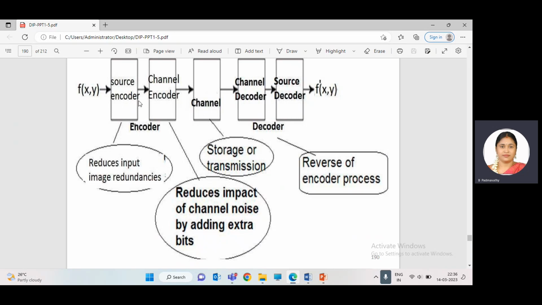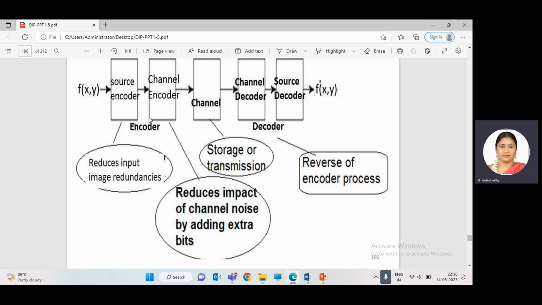The specific application associated with the fidelity requirement dictates the best encoding approach to use in any situation, and the approach can be modeled by three independent operations.